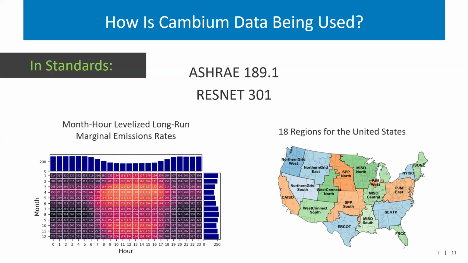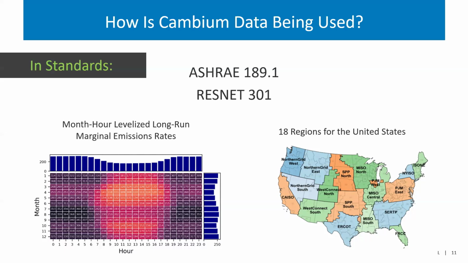That's the data that they've adopted, and they're making that available. Both of these are end use demand type standards, so it's trying to understand the induced emissions from buildings or other end use products in different sectors.